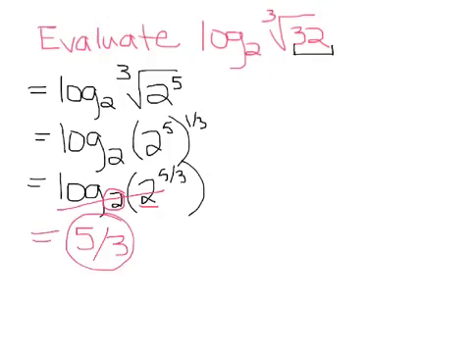So anytime the base of our logarithm matches the base of our exponential term, because logarithmic functions and exponential functions are inverses of each other, they undo one another, and that leaves me with 5/3. Another way to come up with evaluating log base 2 of the cube root of 32, so I just thought I would show both methods, and you can pick which one you prefer.